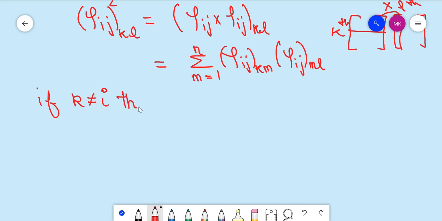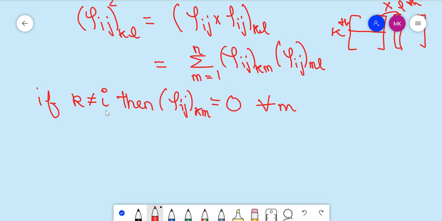Hence, we can claim that e_ij squared, km, is equal to 0 for all m, because it wouldn't matter whatever column you are in, as long as you're not in the ith row, because all entries in that row would automatically be 0.